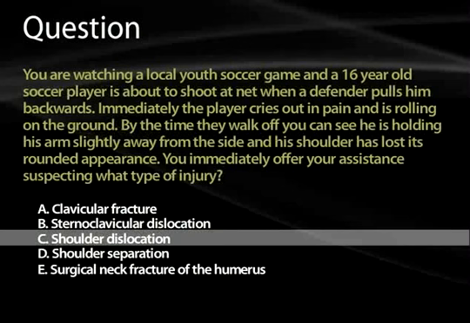Or it's a lateral change as opposed to what you would see with a sternoclavicular dislocation. With a surgical neck fracture of the humerus, there'd be more support and they would not hold it away from their body, and the same thing is true with shoulder separation. They're going to hold that arm close to their body as opposed to a dislocation of the shoulder, which they'll actually hold a little bit further away.